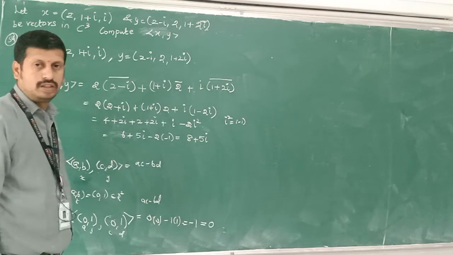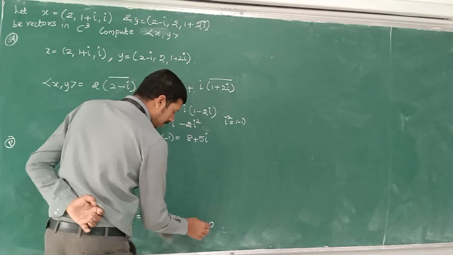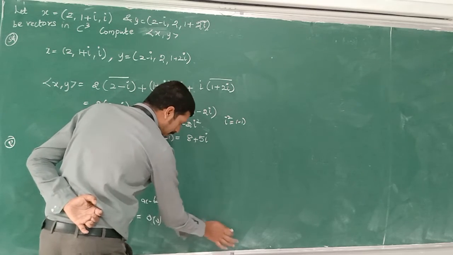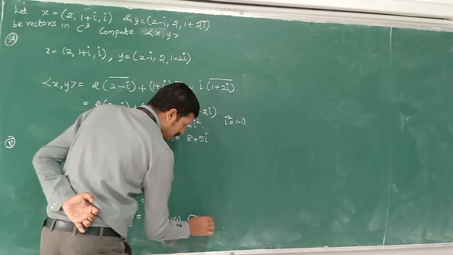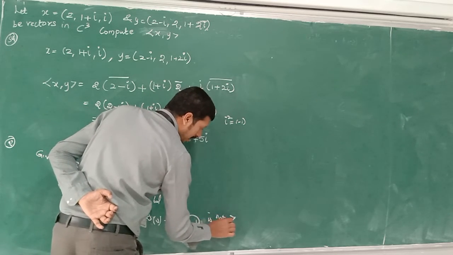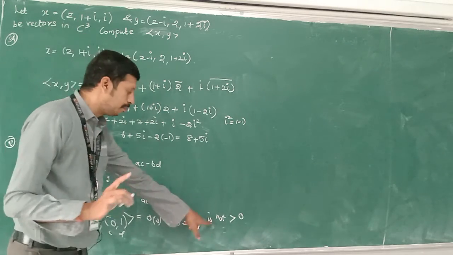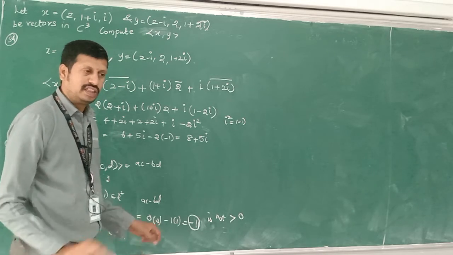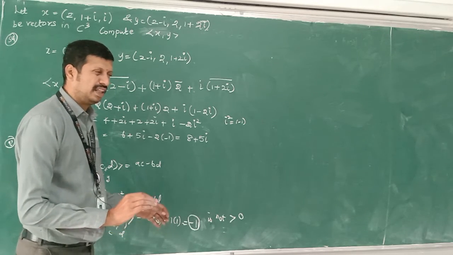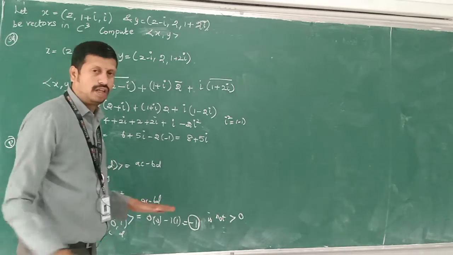Its answer should be greater than 0, right? But minus 1 is not greater than 0. The third property, the main property, is that it should be greater than 0. If it is equal to 0 we can consider it a little bit, but if it is minus 1 we should not get that.